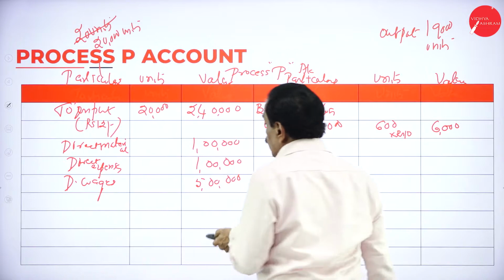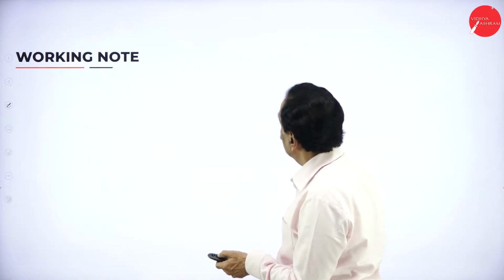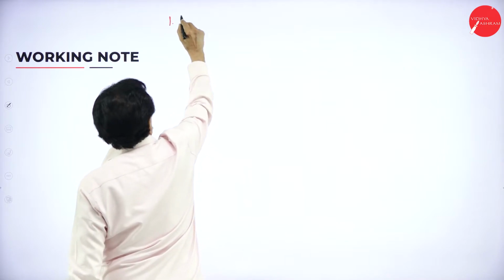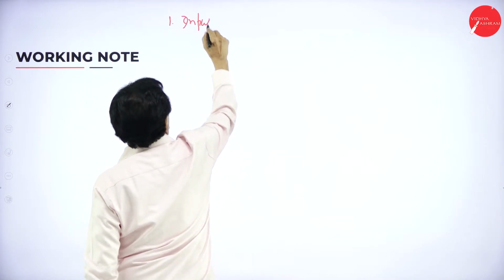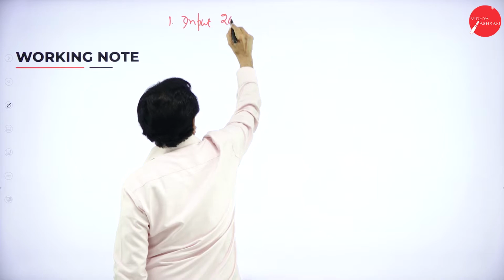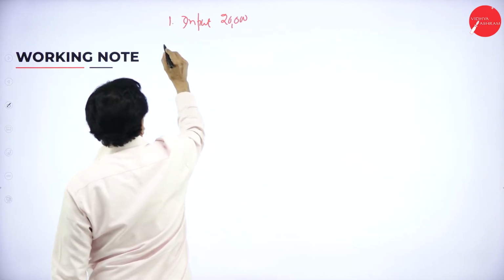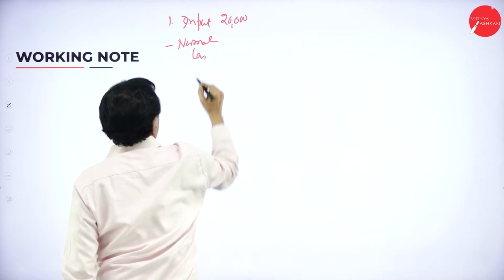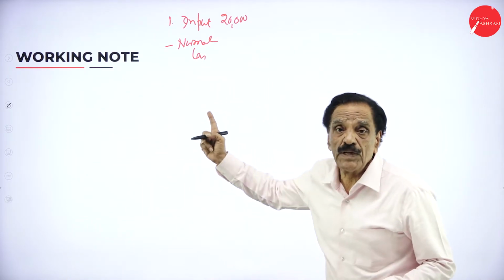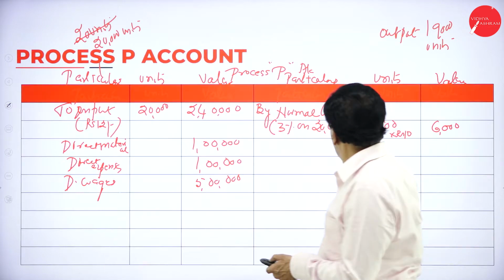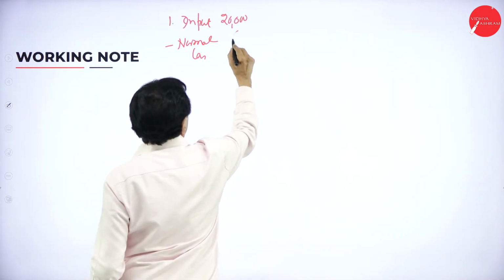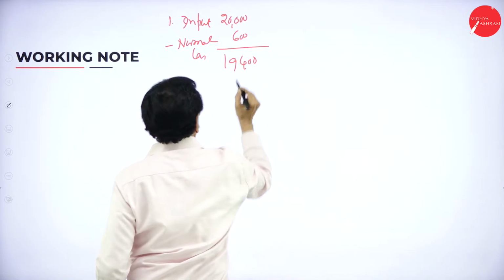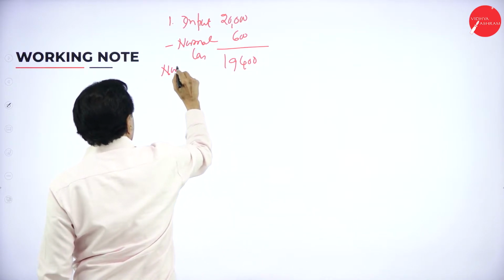We'll go for a working note now. In working note 1, input 20,000 units minus normal loss. Your input is 20,000 units. Your normal loss is 600 units. Your output should be 19,400. This is standard or normal output.